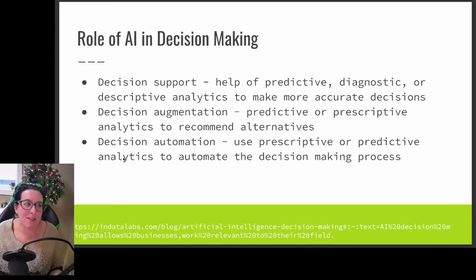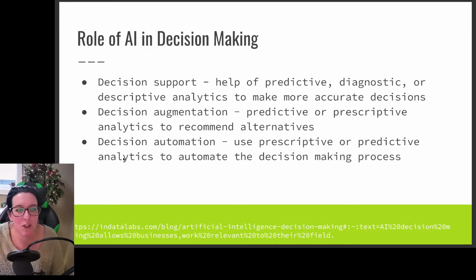And we talked previously about the role of AI in decision making, and so we're seeing that even more now in supply chain management as well. So you can have artificial intelligence help you with decision support. This is to help you make more accurate decisions by providing you with information.